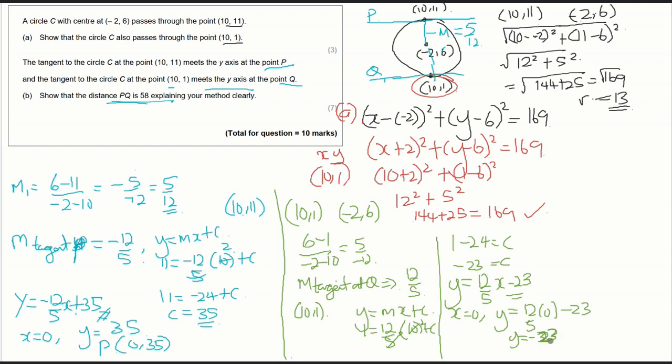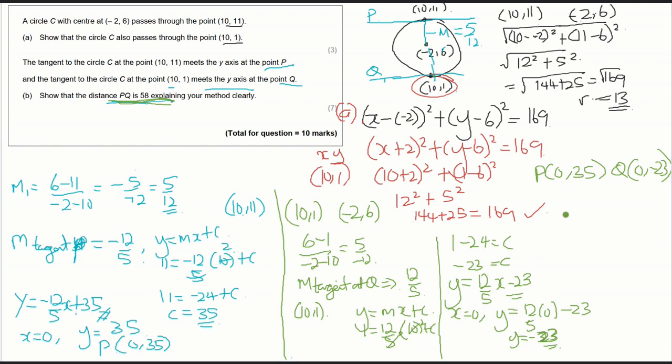So we have two coordinates, P 0, 35 and Q 0, minus 23. And for part B, show that PQ is 58, explaining your method clearly.